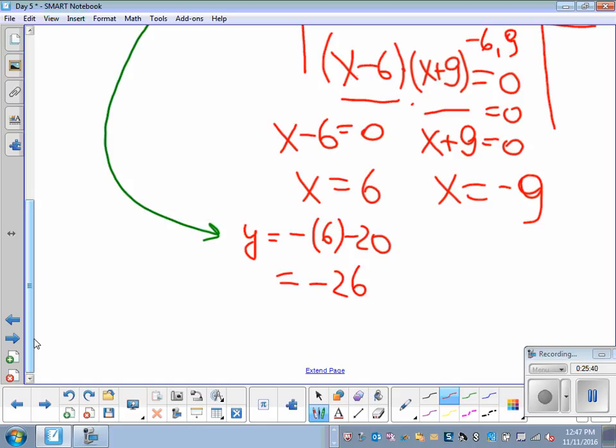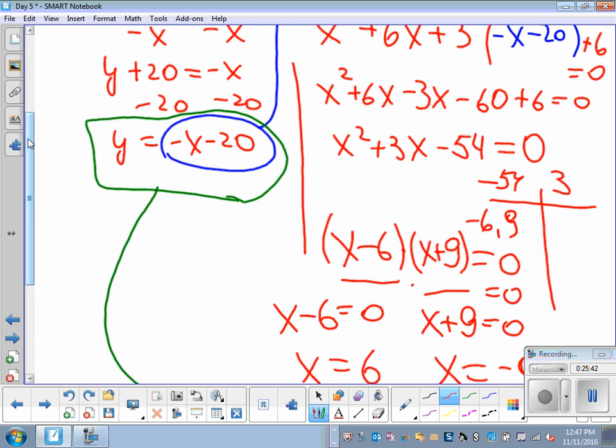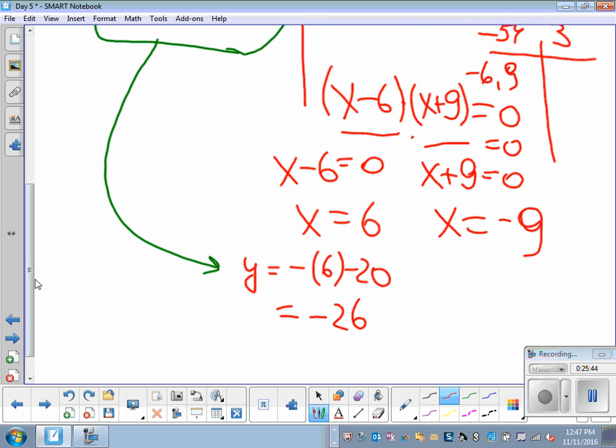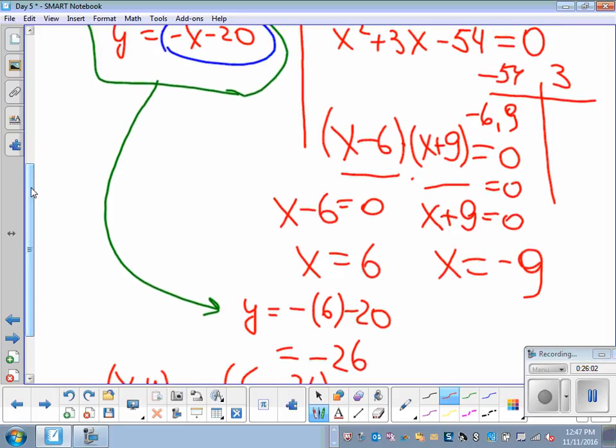Why do you have negative 6? Oh, yeah, from negative x to minus 20. So my first solution is what? x, y equals 6, negative 26. That's my first solution. For the second solution, I need to use the same formula for y, but plug in the second solution.